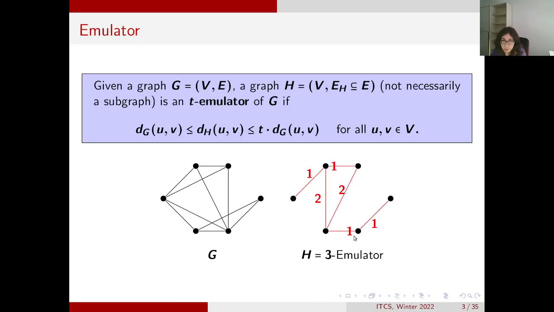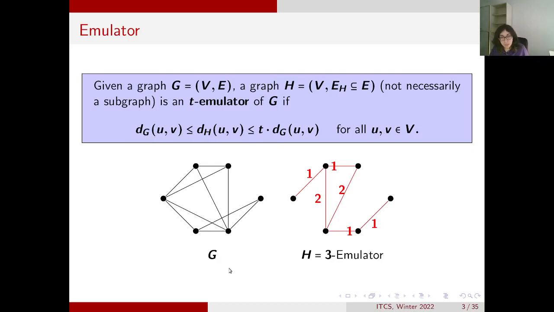Now what is an emulator? It is similar to a spanner, but it does not have to be a subgraph. So in particular, again, for every pair of nodes, we want the distance in the emulator to be at most T times the distance in G, and we also don't want to underestimate the distance for any pair of nodes.